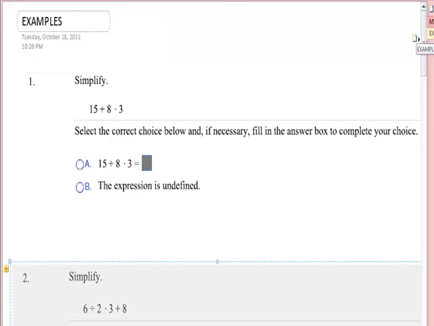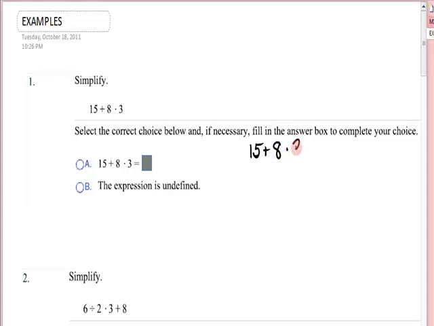All right, first example. I have, and I'm going to write right here, 15 plus 8 times 3. Scan the expression from left to right. Do you see any parentheses? No. Do you see any exponents? No. Do you see any multiplication or division? Yes. I see multiplication. I'm going to draw this little V. That will help my eyes focus on that, and it will help me stay organized in my problem. 8 times 3 is 24.